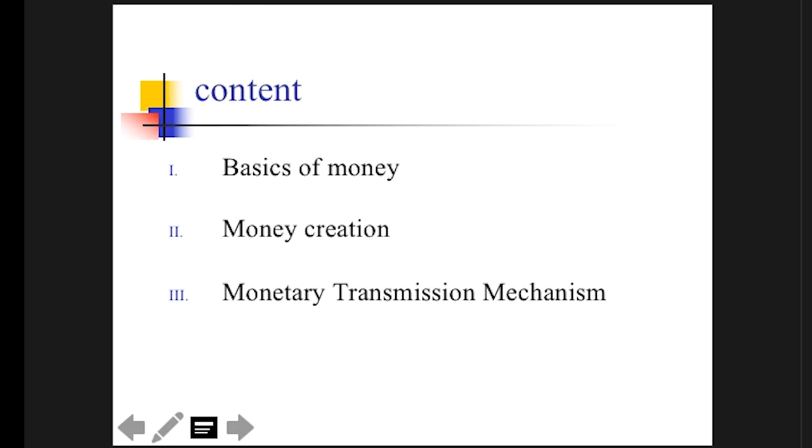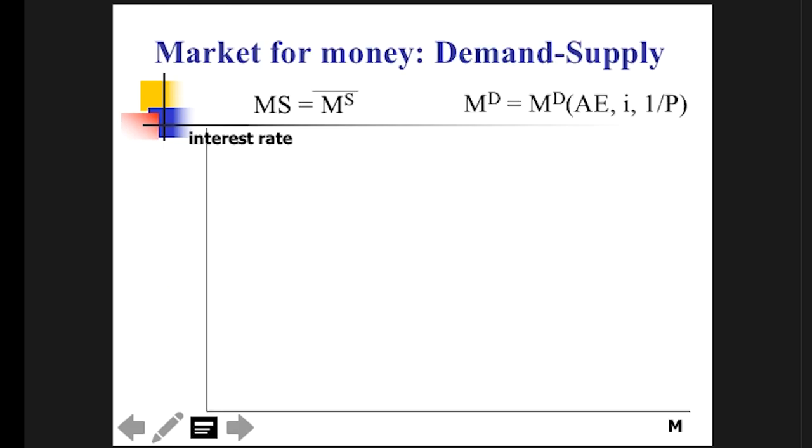So now, from the market for money, we have two diagrams. The first diagram shows the relation between the amount of money M and the interest rate. And in the second diagram, we show the relation between the amount of money M and the value of money.